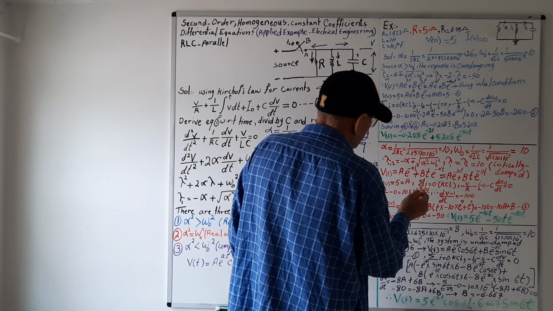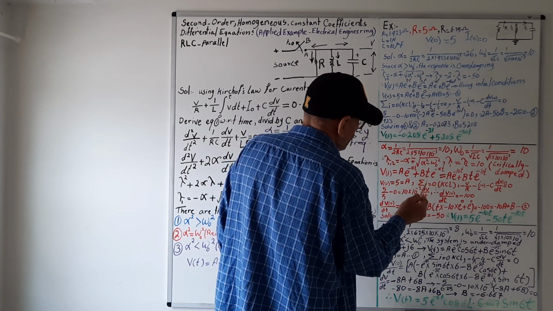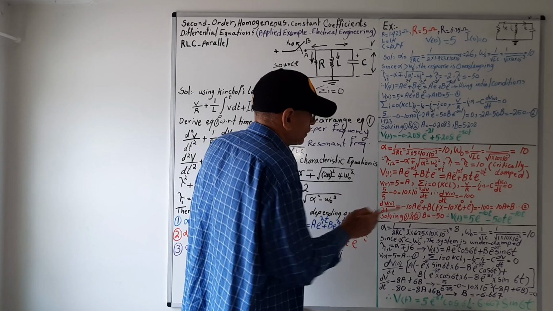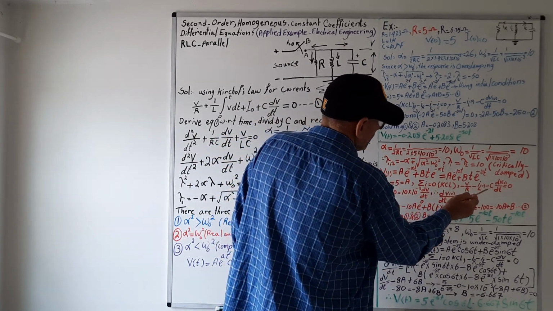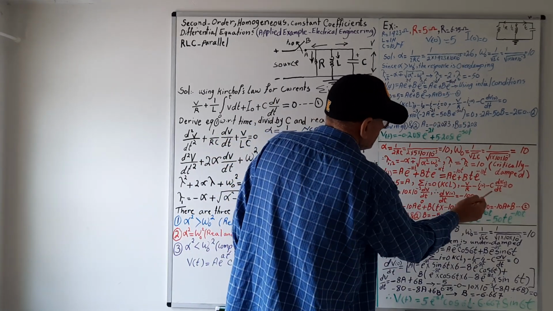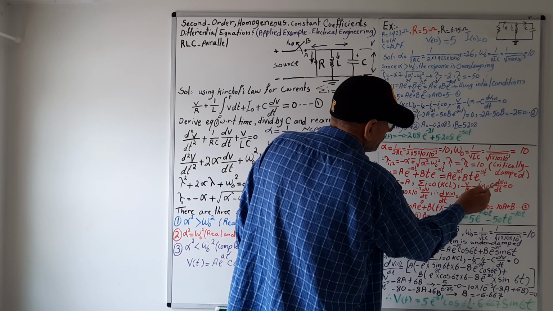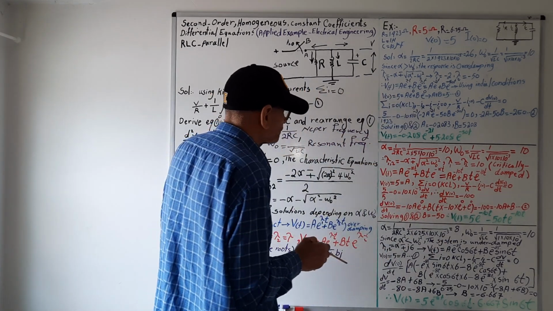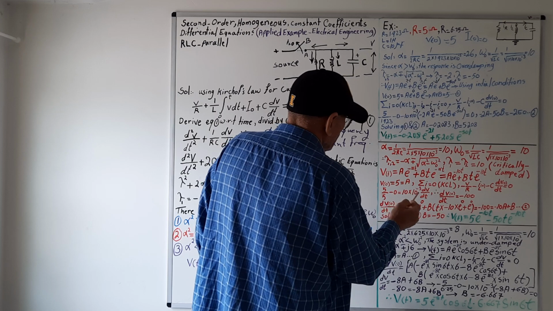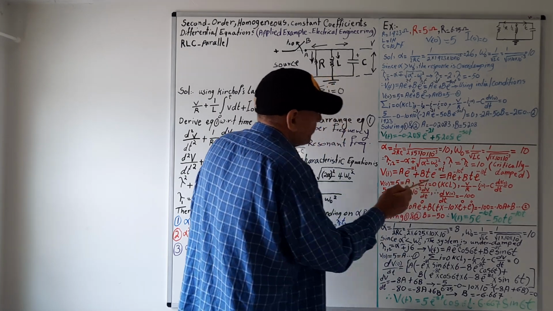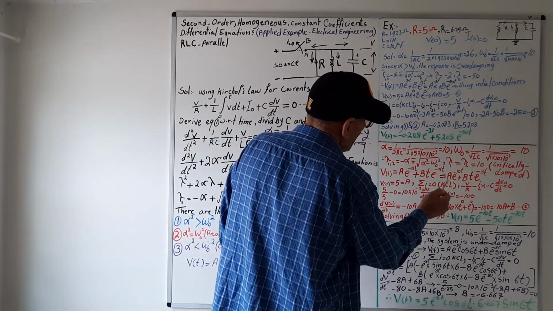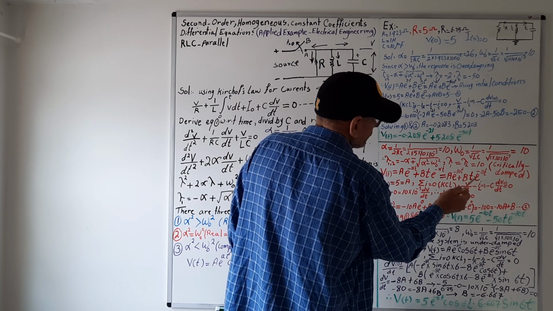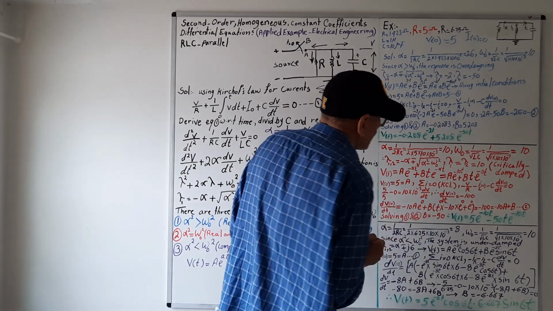For the second equation, we use the summation of currents equals 0, Kirchhoff's current law, the same as we did here, and we find dV over dt at time equals 0. But just remember, here we have a product rule, because we have t multiplied by e to the power minus 10t.